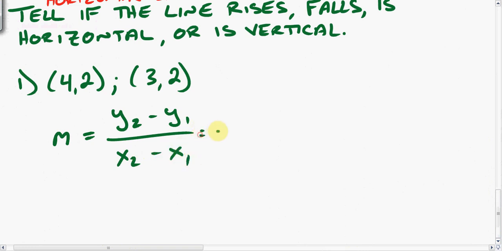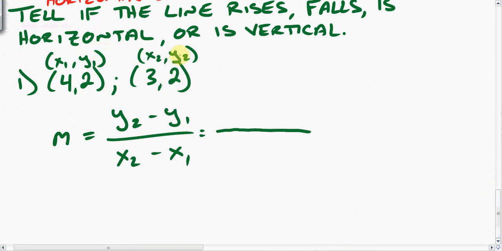I said it doesn't matter which point you start with, you just have to make sure you start the numerator and the denominator leading with the number from the same point. So we're going to say this is x2 comma y2, and this one's x1 comma y1.